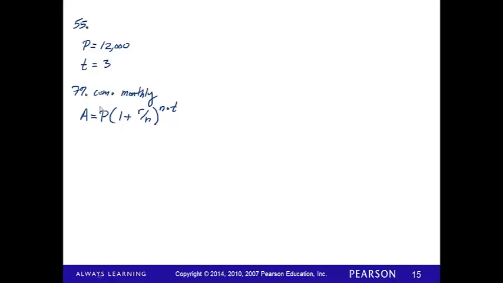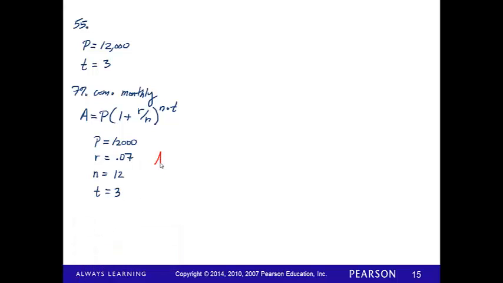We have the principal. We have the rate, which is 7%. N means compounded monthly, which means N should be 12, and T is 3. So P was 12,000. R is 0.07. N is equal to 12, and T is 3.